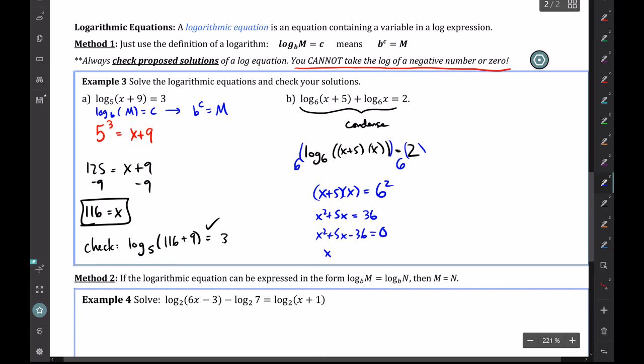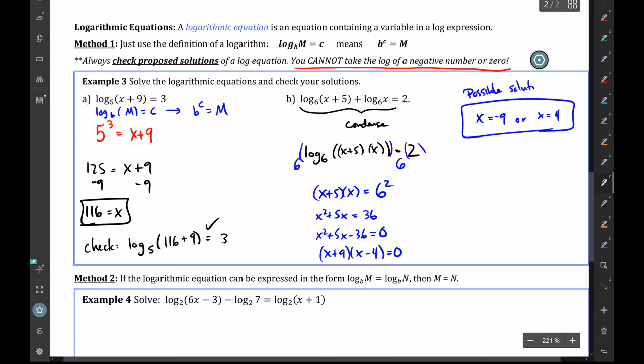That'd be x plus 9 and x minus 4 equals 0. Okay, so then my solutions are either x equals negative 9 or x equals positive 4.